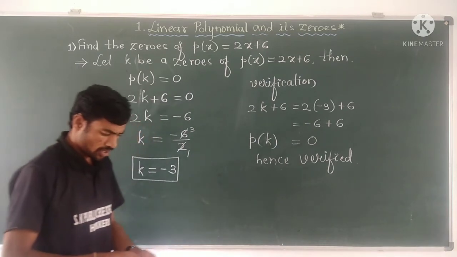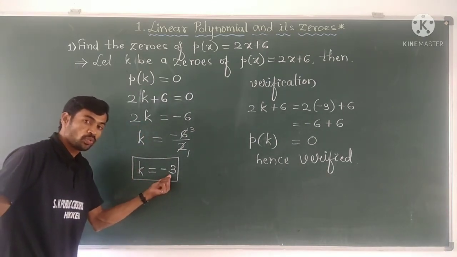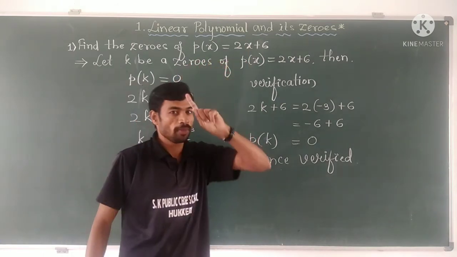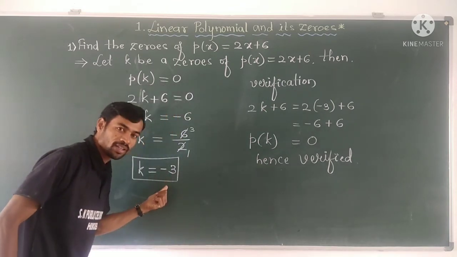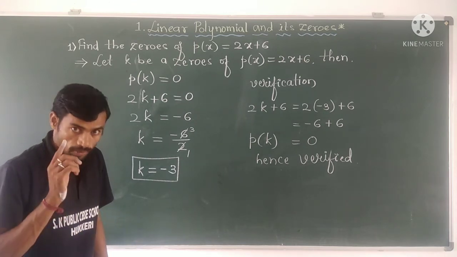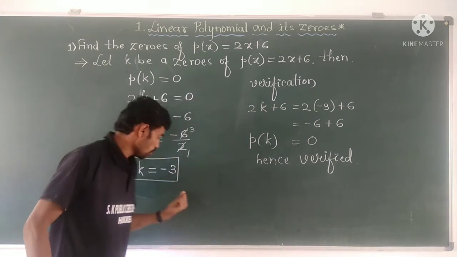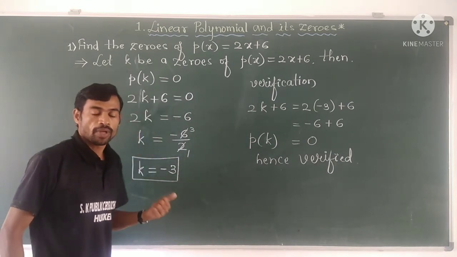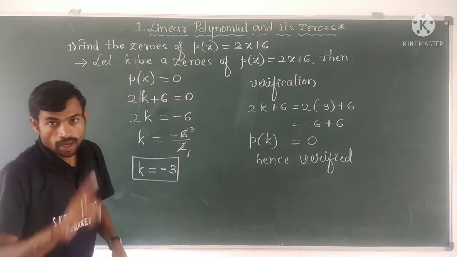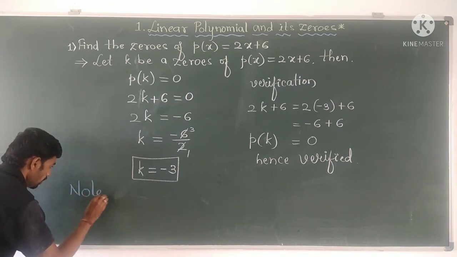As we have seen, how many values do we obtain for k? Only one. It means if the degree of the polynomial is 1, then we get only 1 zero, at most 1 zero. By seeing this question and answer, we have to give the result that a linear polynomial has at most 1 zero. That note is very important.